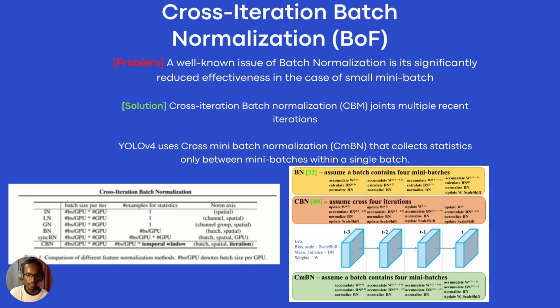Normalization is just updating or normalizing the values so that there is a reduced covariance shift. So you can normalize the instance, that's called instance normalization. You can also normalize the layers, also including the channels. You can also do a group normalization. And the rest are batch normalization and CBM.